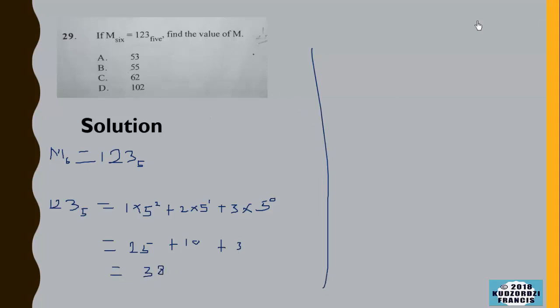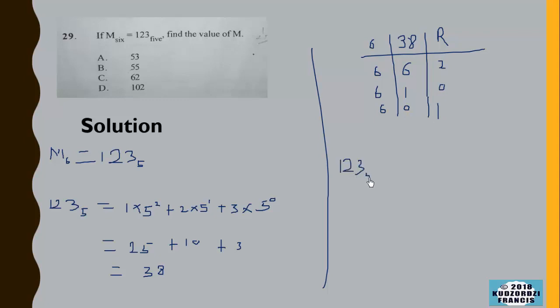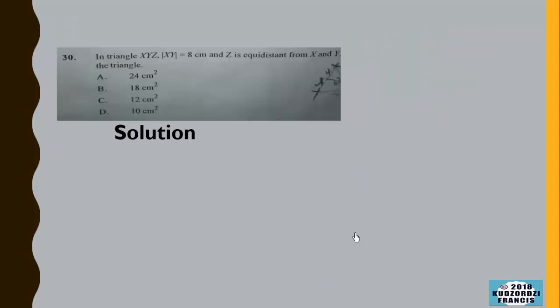So now we convert 38 to a base 6 numeral. So we use repeated division. So 6 goes into 38 6 times, remainder 2. Then 6 into 6, 1, remainder 0. 6 into 1 cannot be possible. So we have 1, 2, 3 base 5 is equal to 1, 0, 2 base 6. Hence m equal 102.